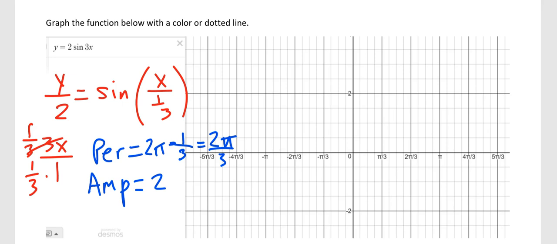Okay, now, graph it. What's your HK? We need our HK. 0, 0 is your HK. Okay, go for it. Graph your sine wave. You know it. It repeats every 2 pi over 3 units.